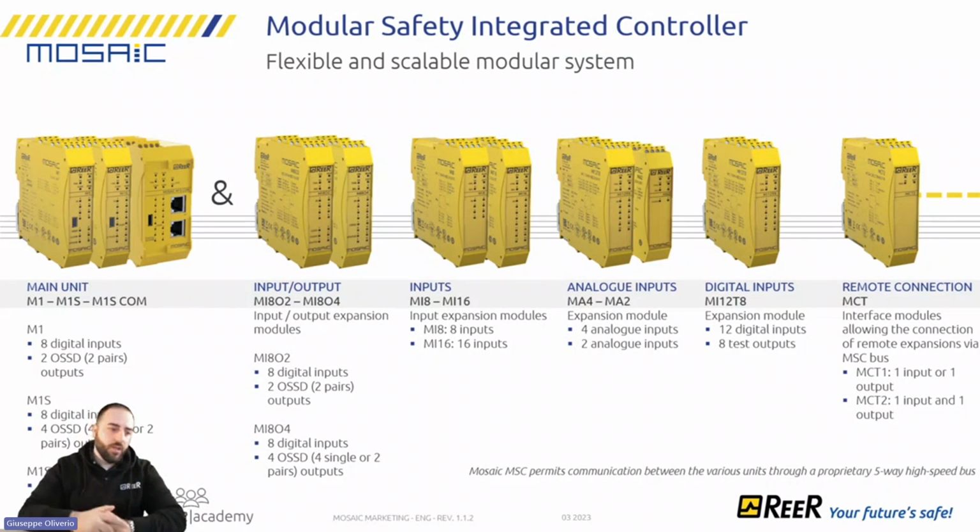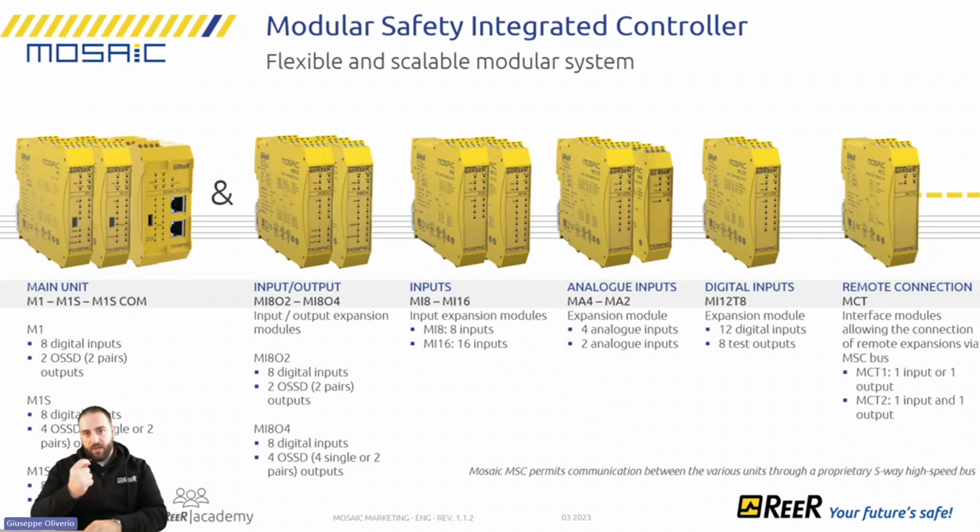And this is one of the most complex modules that we have in our portfolio. Digital inputs with 12 inputs plus 8 test outputs. So imagine having a lot of electromechanical contacts, and then you have to test every single contact. In case of the MI12T8, you have more test outputs in order to be used with the electromechanical contacts.